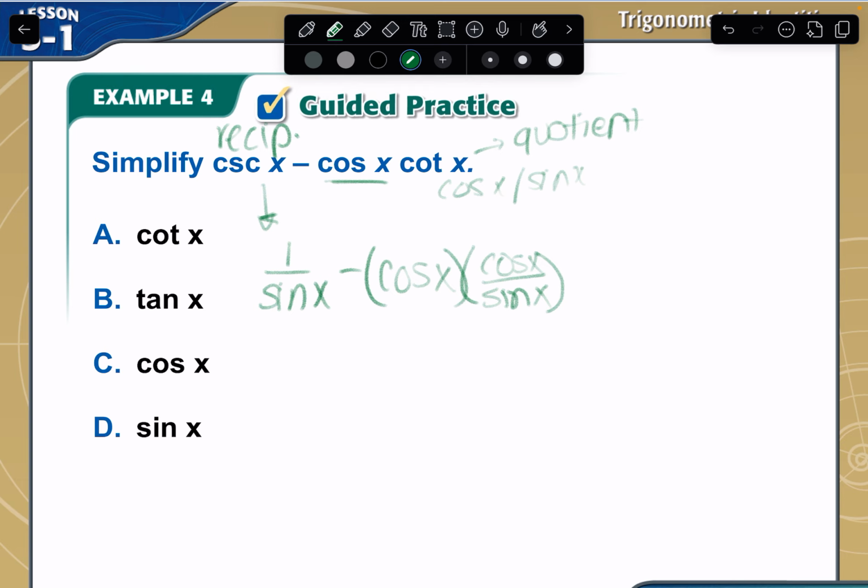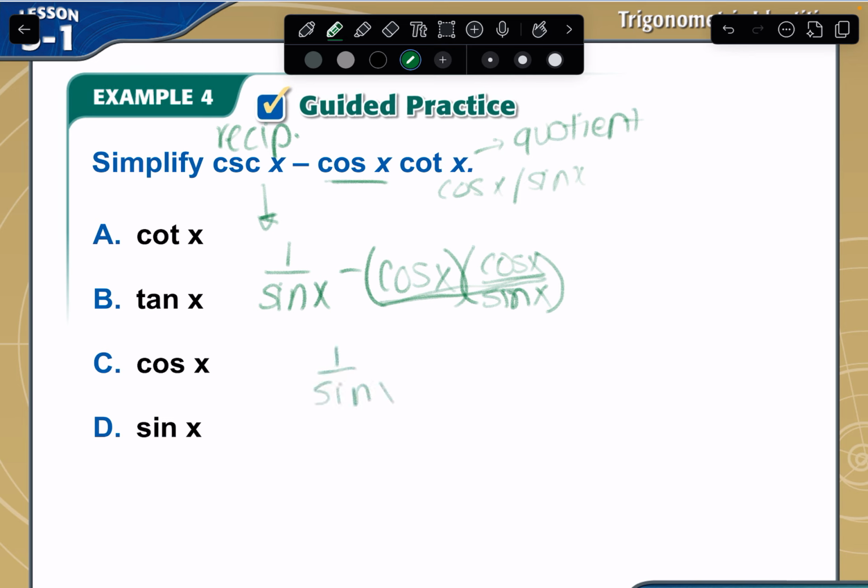From here, I'm now going to simplify stuff. So the first thing that I'm going to do is, according to order of operations, I'm going to multiply stuff together. So my cosine times my cosine right here, I can multiply.